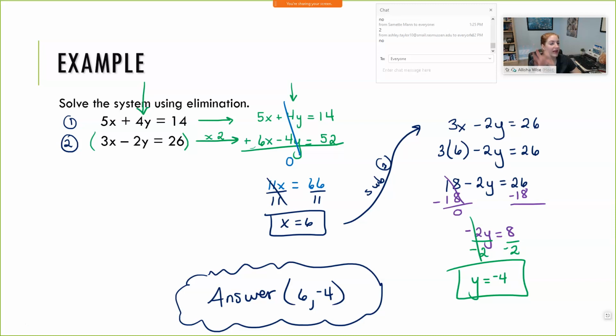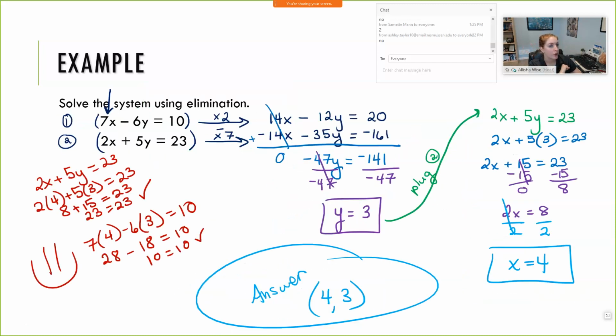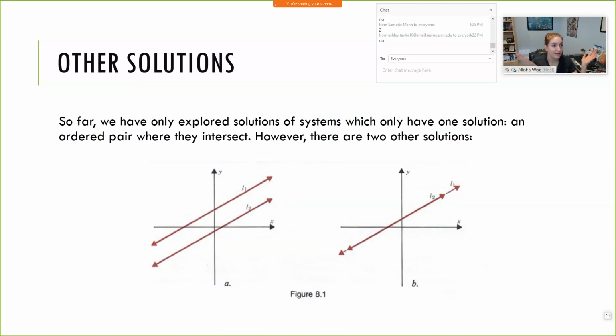One ordered pair, that was your solution. Bing, bang, boom. That's it. Nothing fancy. But there are cases where a system has either an infinite number of solutions or no solutions. So we're going to talk through both of those.